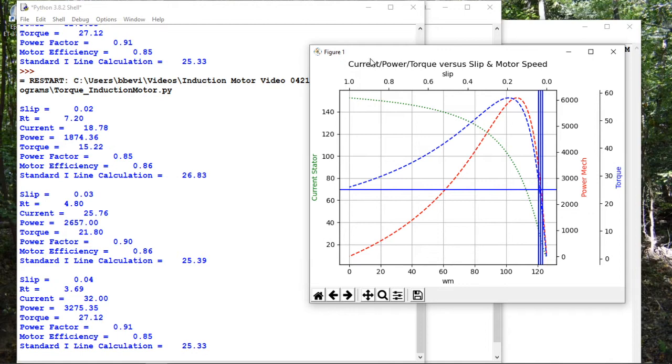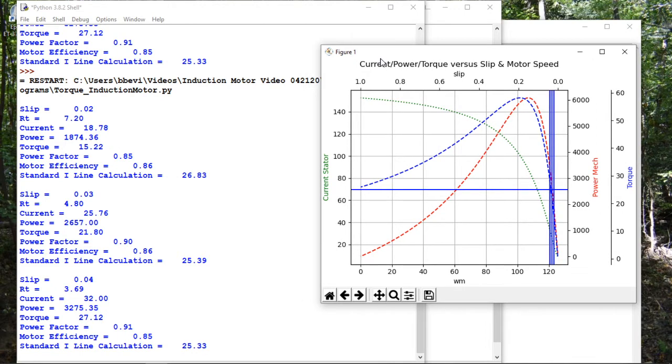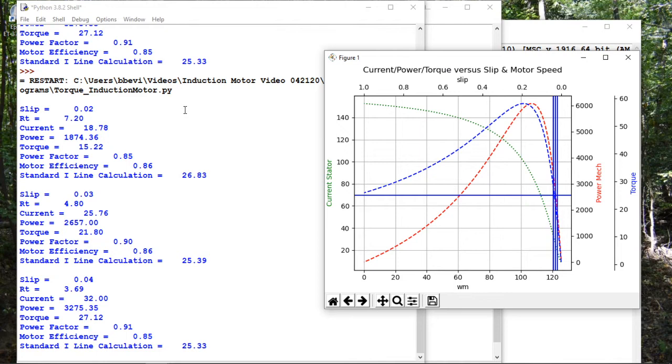Now remember, maybe you remember, maybe you don't, but let me remind you that in addition to the standard stuff that I plotted here, I also did the standard I-line calculation. That was the formula where you take the horsepower, multiply it by 746 watts, and then divide it by the square root of 3 times the line-to-line voltage times efficiency times the power factor.